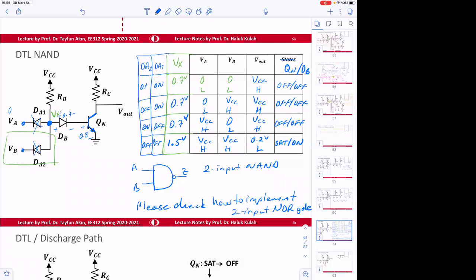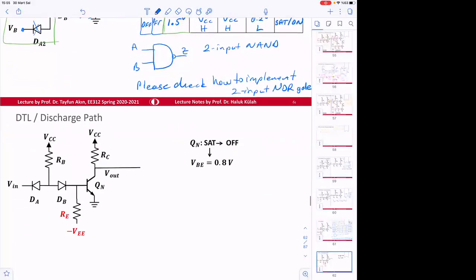So let's say we have an inverter here, and the input Vin goes from high to low. This used to be VCC, and then it goes to 0 volts.